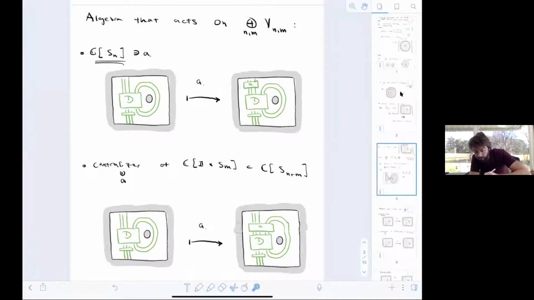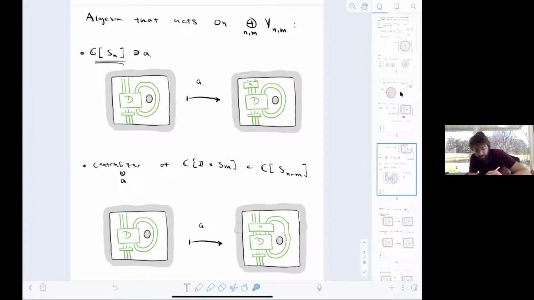Okay, so this is a well-defined operation because, as is well known, the center of an algebra acts on its cocenter, being this algebra mod commutators. And this is a relative version of that fact. You know, the centralizer of a subalgebra will act on the co-centralizer of that algebra.